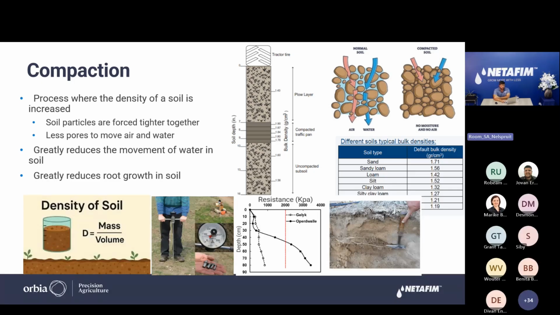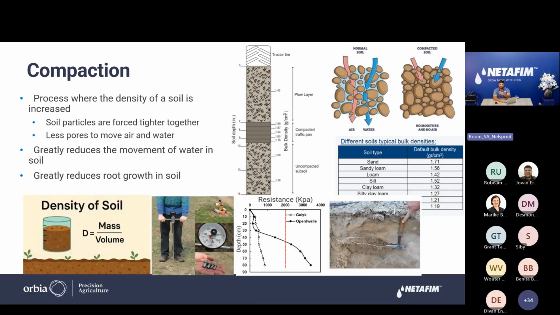Some examples of typical soil densities that you'll find: sand particles will generally have a higher density compared to clay particles, which will have smaller densities.